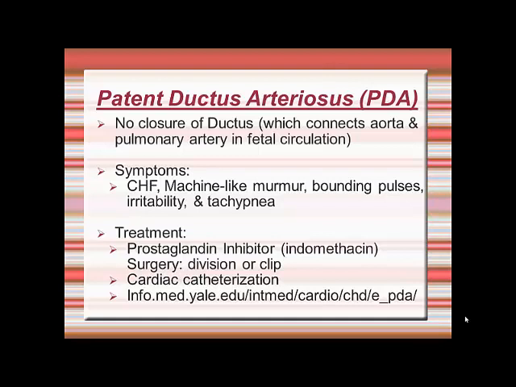And of course Indocin is the prostaglandin inhibitor, and it can be given to promote constriction and closure. That is usually what it's used for. You'd want to monitor their renal functioning. Surgical intervention may include left thoracotomy, where the ductus is ligated.